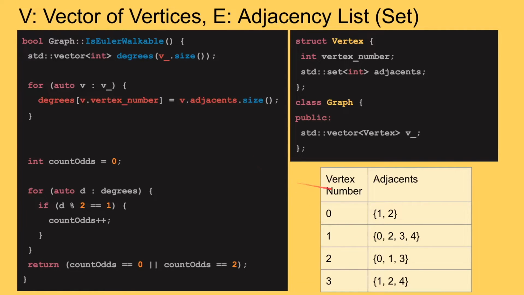So all you need to do is to go over these rows, iterate through your V, and then for each node, the degree would be the adjacent size. So we use the size from STL to just get the degree. The rest is like before, we just count how many odd degrees we had, and then we report it to be 0 or 2.